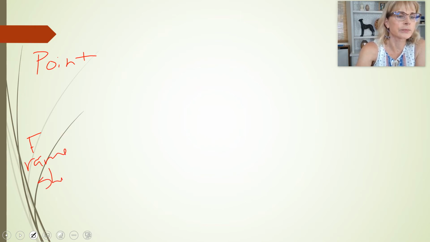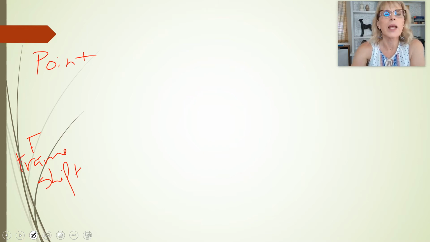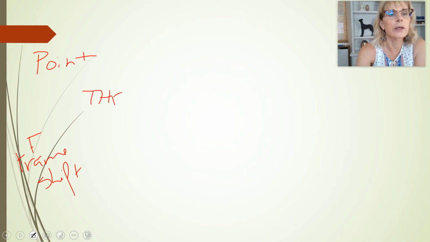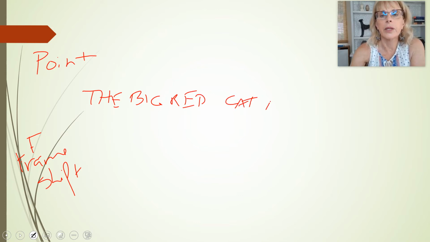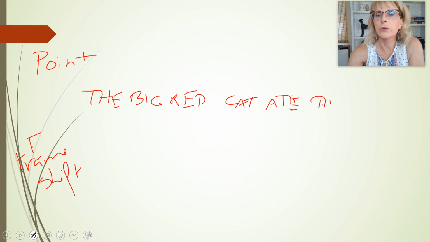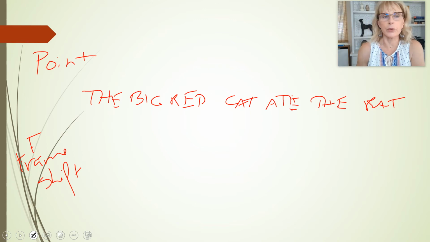Frame shift. That's a weird way to spell frame shift. Okay, frame shift mutation. Let's start with the sentence, the big red cat ate the rat. Great. The big red cat ate the rat.